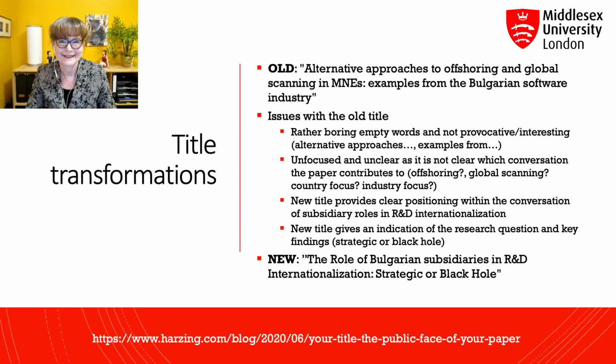Is it maybe about the country context or the industry context? And the new title really shows that the article contributes to the conversation of subsidiary roles in R&D internationalization, which was the key conversation that the article wanted to contribute to. The new title also gives an indication of what the research question is and what the key findings are, that the subsidiaries might be either strategic or a black hole. So overall, a much more effective and attractive title.